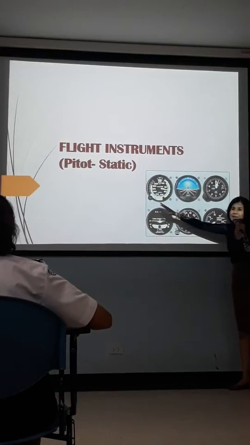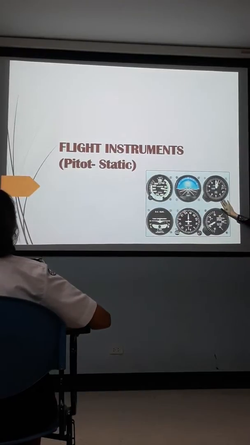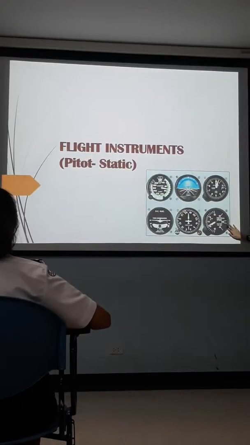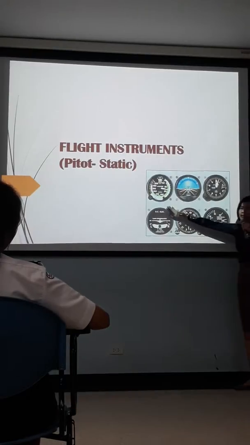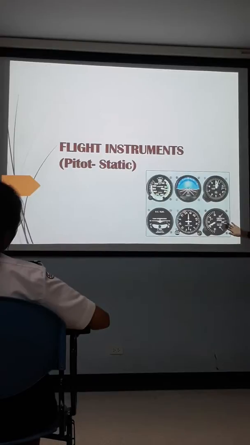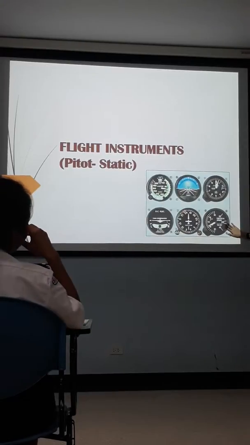Airspeed indicator, altimeter. Okay, and the last one, another one that's very easy to remember because you're gonna see the word vertical here. This one is called the vertical speed indicator. Okay, airspeed indicator, altimeter, vertical speed indicator. These are the 3 pitot-static instruments.